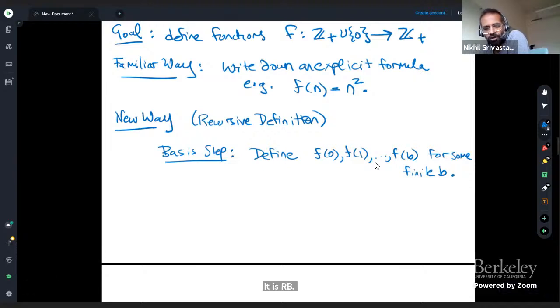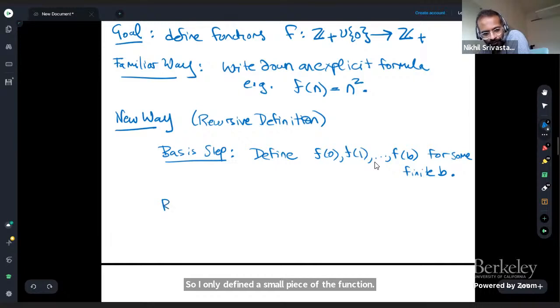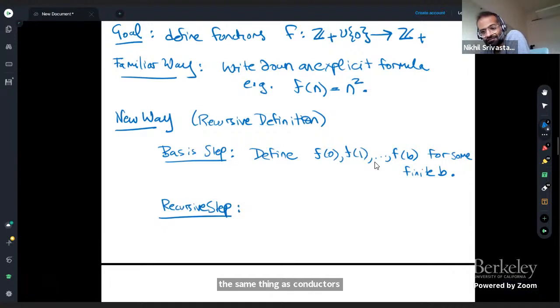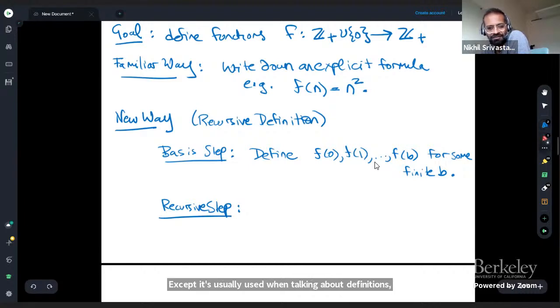So I only defined a small piece of the function. And now there's an inductive, well, it's usually called a recursive step. Recursive actually just means the same thing as inductive, except it's usually used when talking about definitions, and it's used to emphasize this top-down view, but it's really the same meaning as inductive.